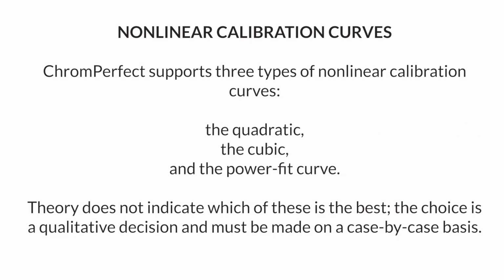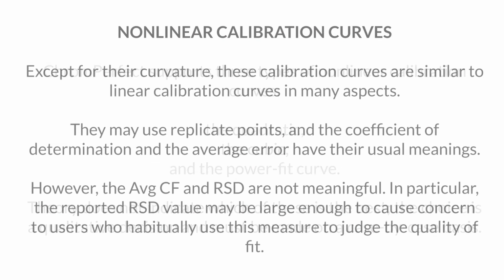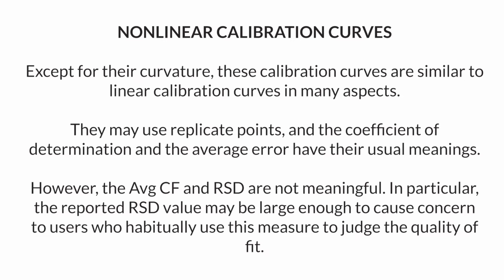ChromPerfect supports three types of nonlinear calibration curves: the quadratic, the cubic, and the power fit curve. Theory does not indicate which of these is the best. The choice is a qualitative decision and must be made on a case-by-case basis. Except for their curvature, these calibration curves are similar to linear calibration curves in many aspects.